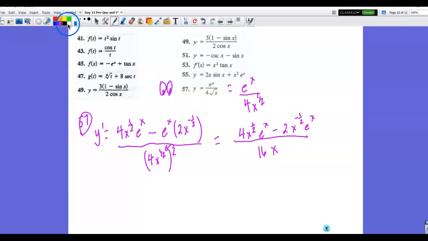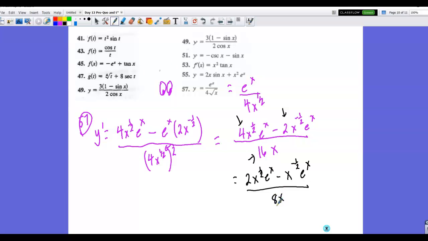And then the last thing that I would do here is divide every term. So notice I have a 4, a 2, and a 16. So I can divide everything by 2. So that would give me a final answer of 2x to the 1/2 e to the x minus, dividing by 2, x to the negative 1/2 e to the x, over, dividing by 2, 8x.